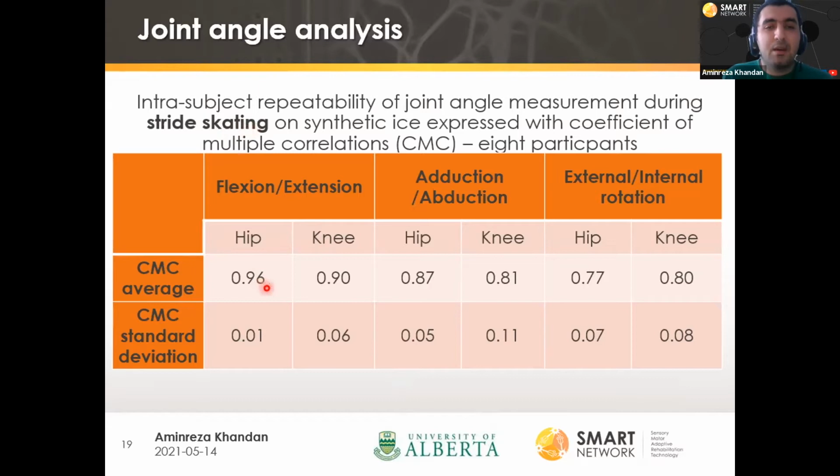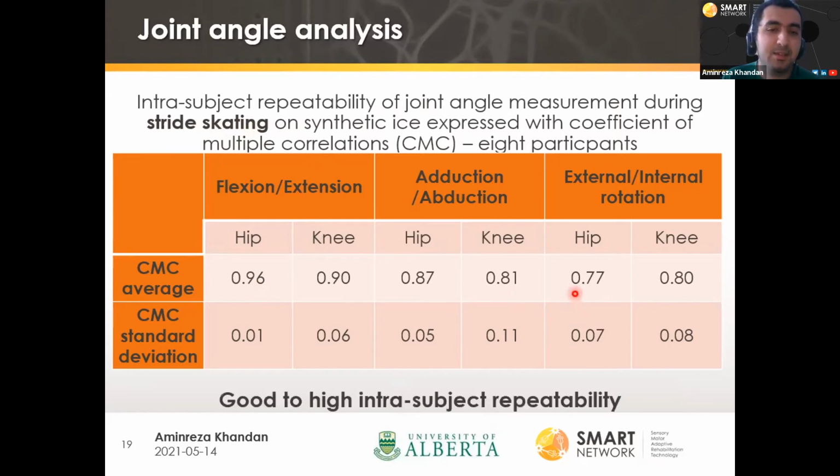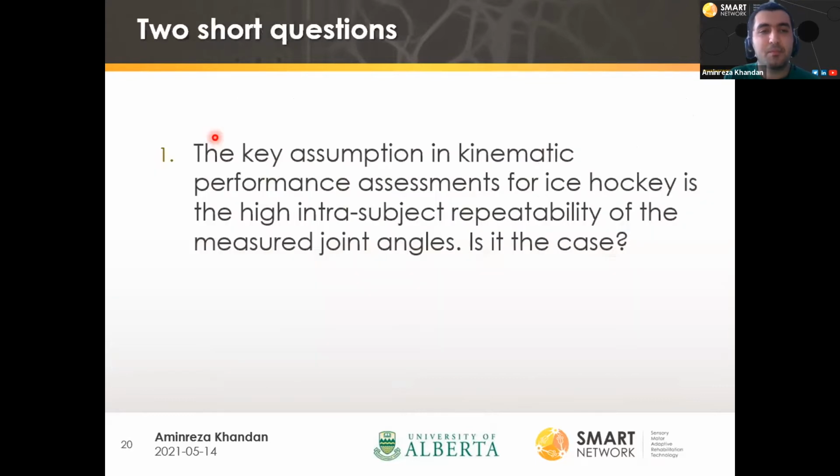As you can see, all of these CMCs are more than 0.6. It means that we can see good to high intersubjectivity in our experiment on synthetic ice, for stride skating particularly.